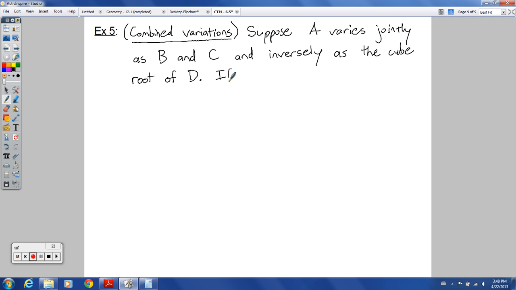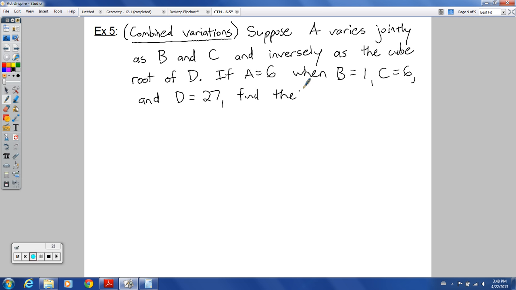If A equals 6, when B equals 1, C equals 6, and D equals 27, this time we're going to just find the constant of proportionality again.